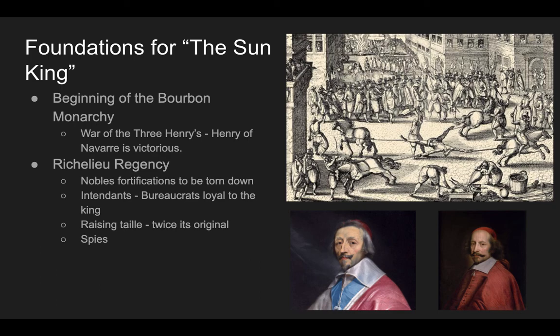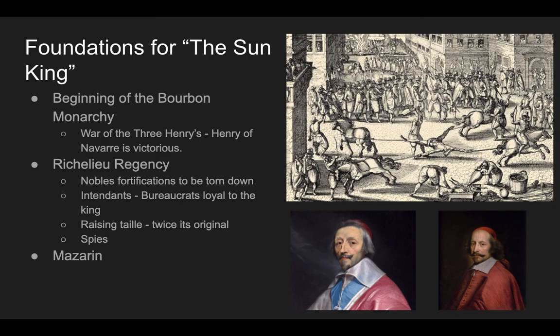Now, Louis XIII is going to die of natural causes. I believe he dies of, I forget what he dies of, but he dies of natural causes, and that's going to leave poor Louis XIV to be the one who reigns in his stead. Now, Louis XIV is going to also be too young, and so yet again another cardinal is going to be named as regent for the king, and the person who is directly organizing the government.